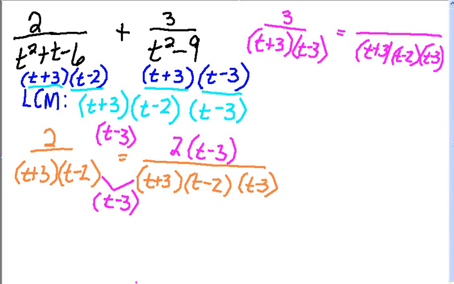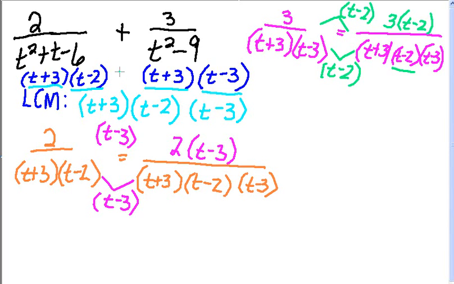Okay? So notice here that my denominator is missing the t minus 2 part. So in order to get this in terms of this denominator, I need to multiply the denominator by t minus 2. And whatever I do in the denominator, I need to do in the numerator. So I'm going to multiply the numerator by t minus 2, and I get 3 times t minus 2.